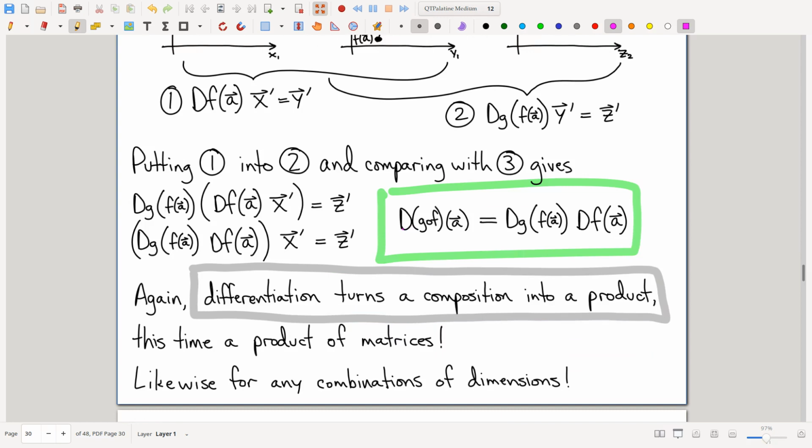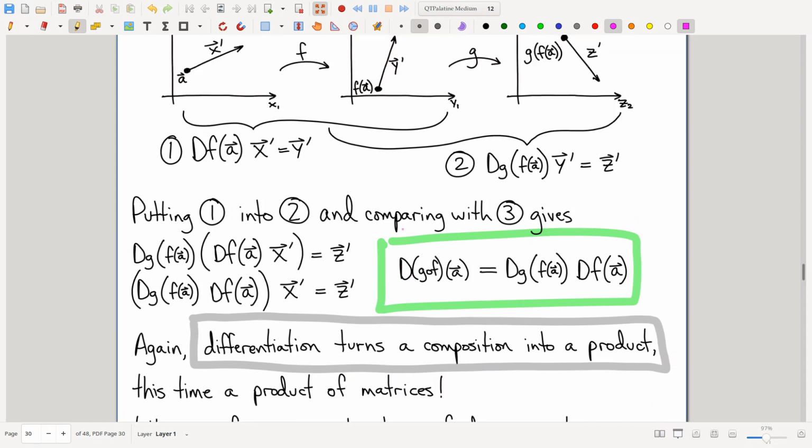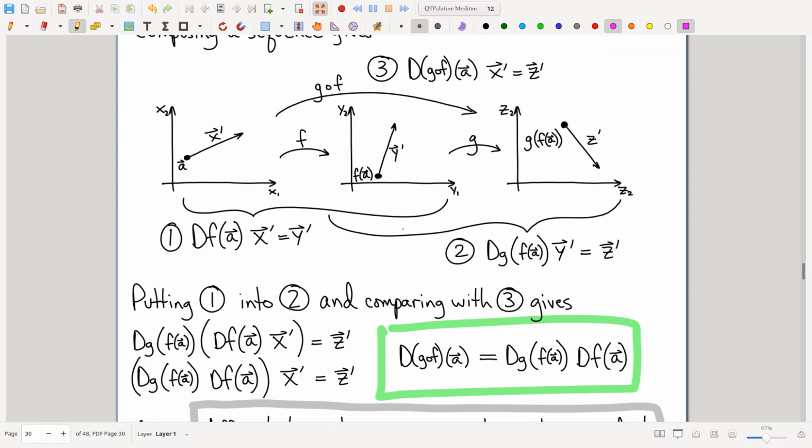It's crisp. It is an easy picture to draw. It's ultimately the simplest point of view, if you've digested the idea of derivatives of multivariable functions being matrices that turn input velocities into output velocities.